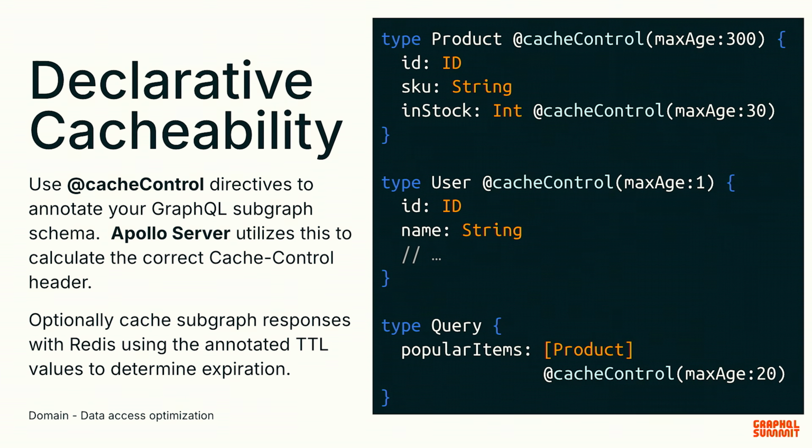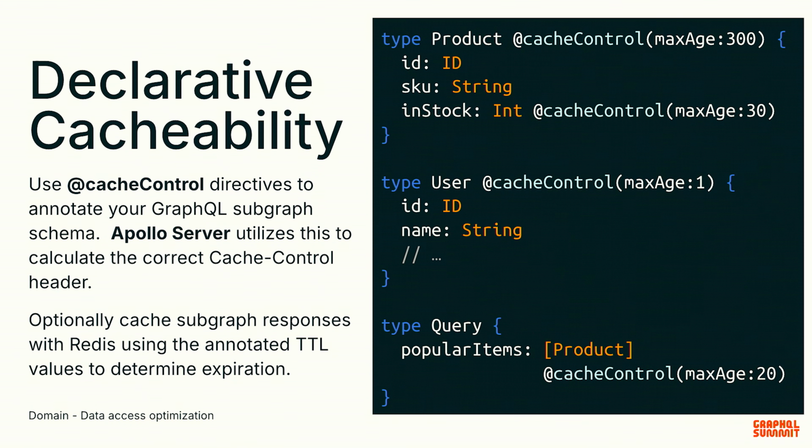With declarative cacheability information, we can go in and we can set this information at the type and even at the field level. Now, with GraphQL, this becomes very interesting because if you have a GraphQL operation that selects a particular field that has very low cacheability, then you can automatically override the other cacheability that might be set at a higher level in order to make sure that each one of those responses is cacheable for the exact right amount of time.